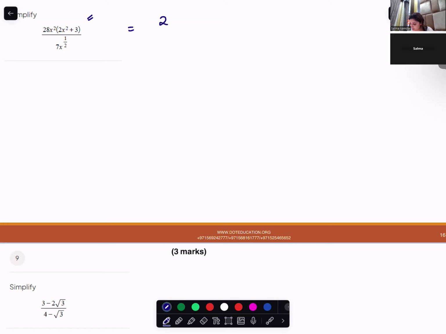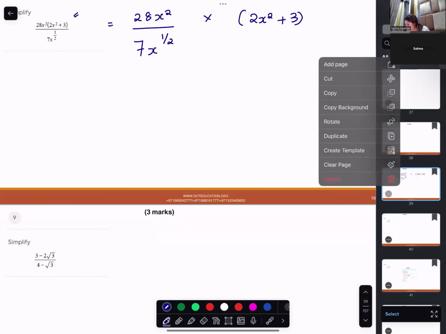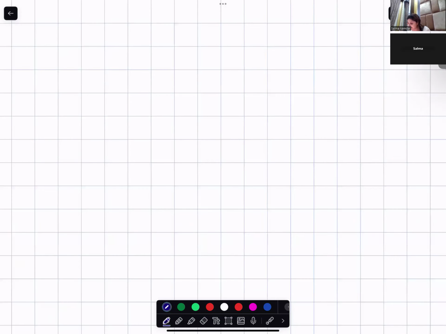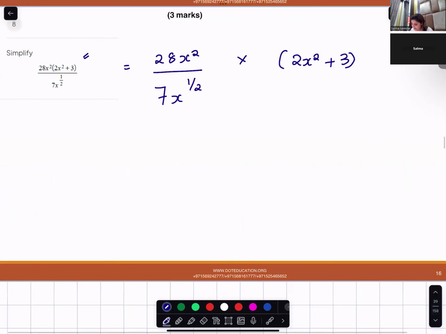So let's break this up. This would become 28x squared over 7x raised to half, and this bracket we would keep separately, that is 2x squared plus 3. We are keeping this bracket separately because I can easily use the law of indices in the first part. So 7 ones are 7 and 7 fours are 28.